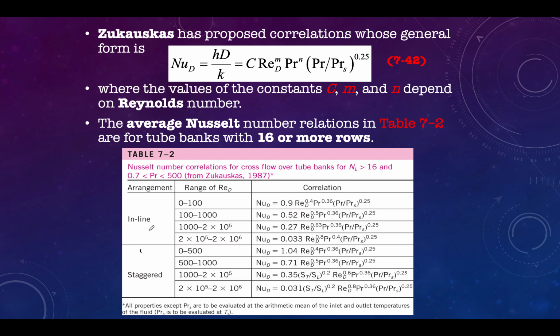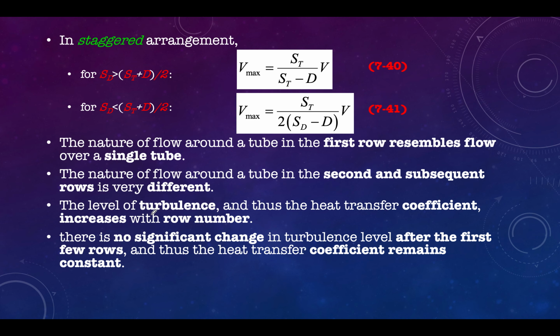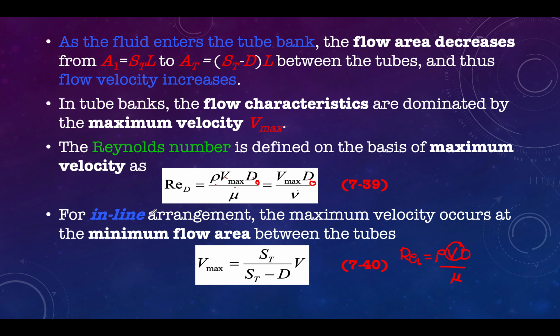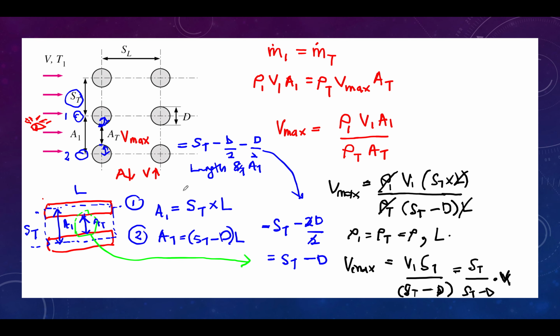And next, you have to determine the Reynolds number. For the inline arrangement, you will use the Reynolds number equation. Then you have to substitute V maximum, which we already derived for the inline arrangement. You substitute this value into this equation to determine the Reynolds number.